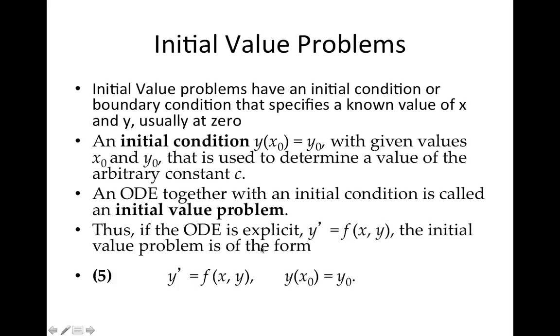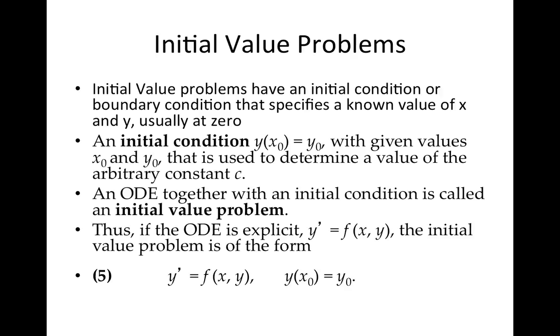Now, one of the ways we select a specific solution out of the family of curves is if we have an initial value problem, sometimes also referred to as a boundary value problem. Initial value problems have an initial condition or a boundary condition that gives you some known value of x and y, and usually this is at 0.